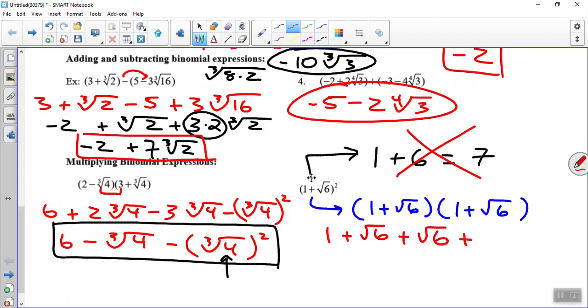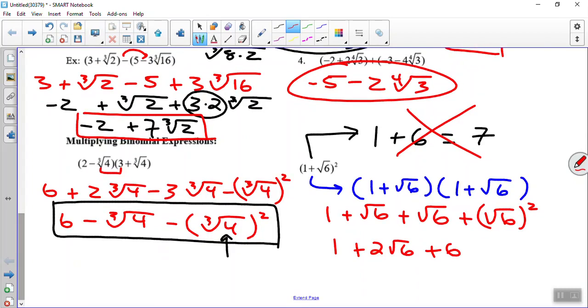Last, square root of 6 squared. Well, square root of 6 times the square root of 6 is just 6. So I'm going to get 1 plus 2 root 6 plus 6. I get 7 plus 2 root 6.